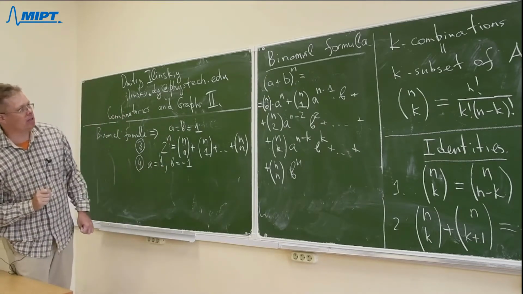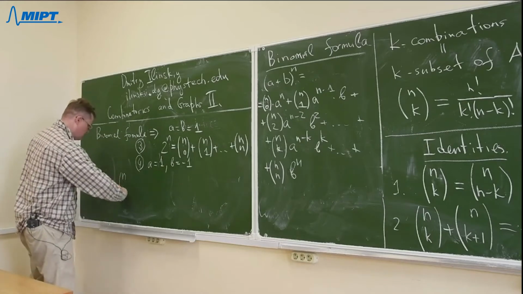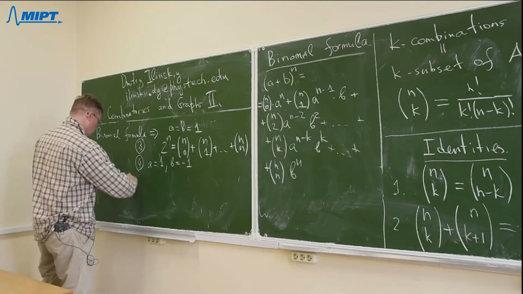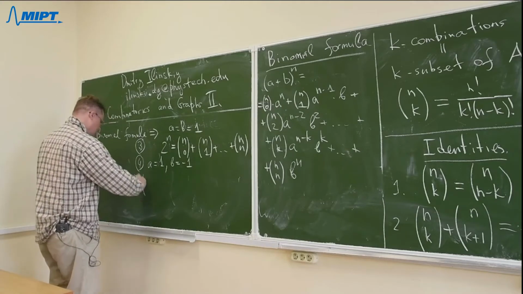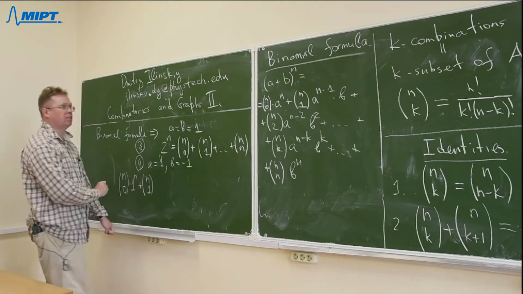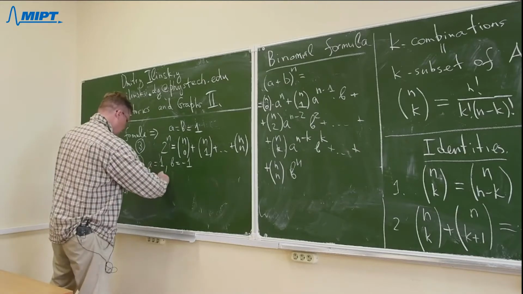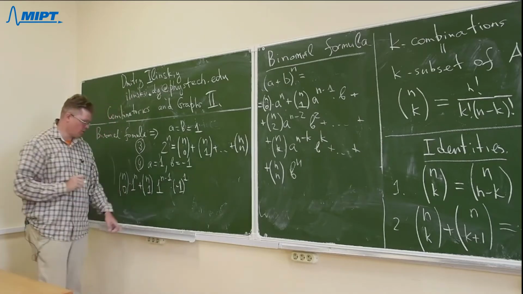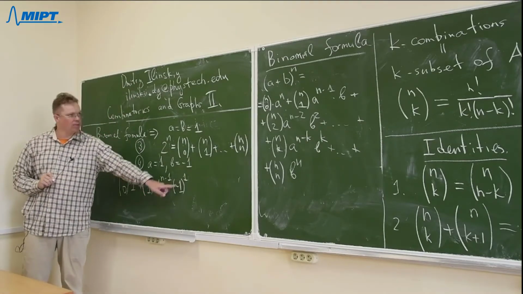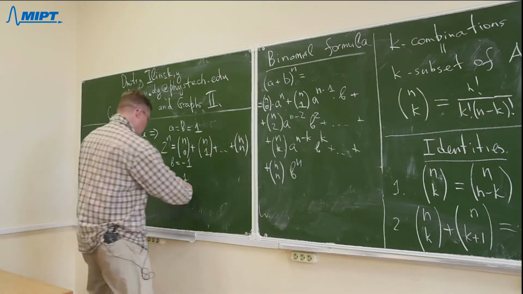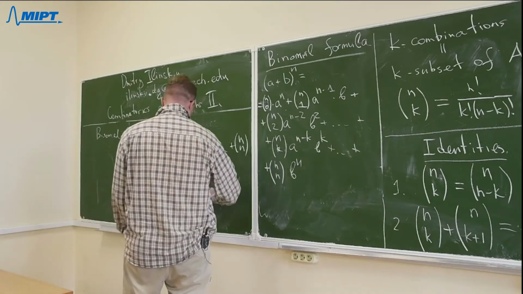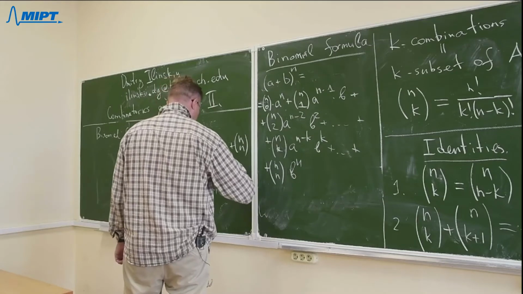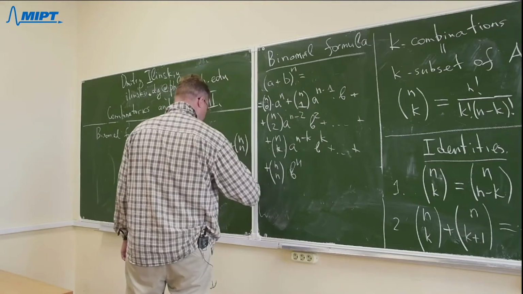So we get n choose 0 times 1 to the n power plus n choose 1 times 1 to the power n minus 1 times minus 1 to the power 1, and so on. n choose k times 1 to the power n minus k times minus 1 to the k power.